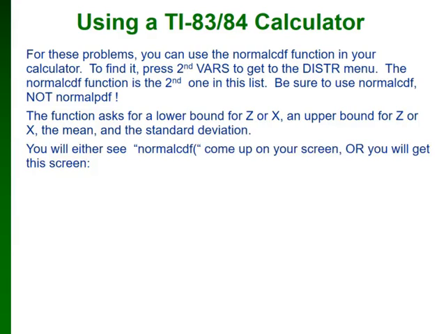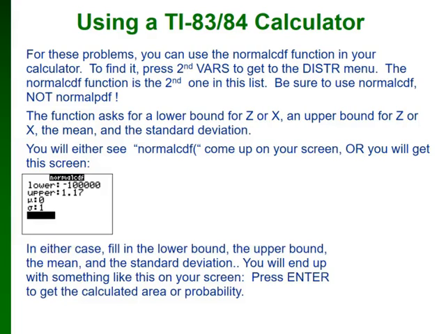Depending on how old your calculator is, you'll either see normal CDF come up on your screen, or you'll get this screen. In either case, fill in the lower bound, the upper bound, the mean, and the standard deviation. You'll end up with something like this on your screen. Press enter to get the calculated area or probability.